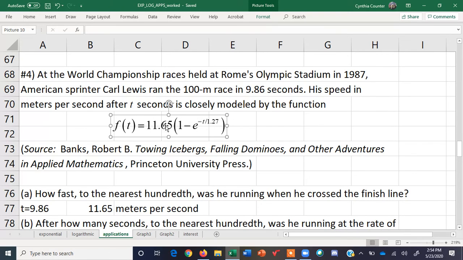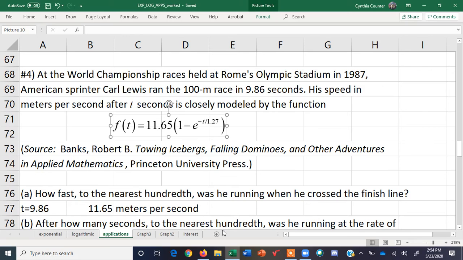Okay, so we start at 0. But as t gets really, really big, since it's negative, this is like 1 over e to a really big power. Basically, this thing is approaching 0. So we'll see that 11.65, this is going to be our upper bound.